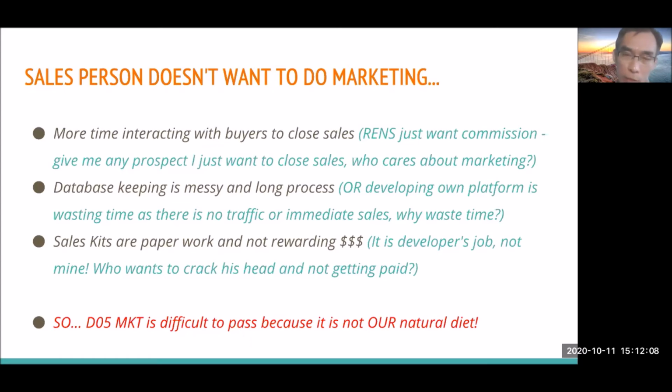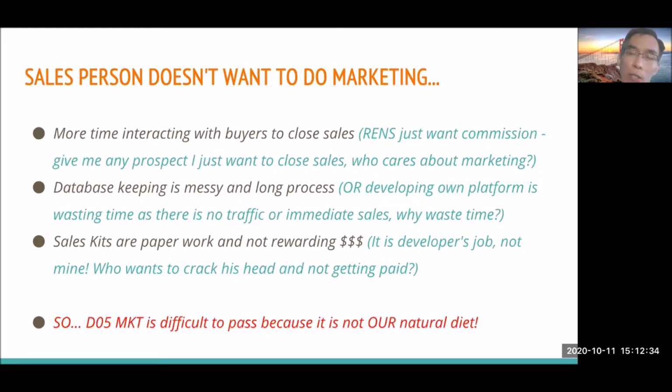A lot of the time, it doesn't give you the money, it doesn't give you the commission to pay your bills. So as salespeople, we don't think about marketing, but we only think about selling because of this reason. Third is that usually coming out with all these sales kits and brochures, leaflets and flyers are the work of the developer and the work of the product manager in a company.